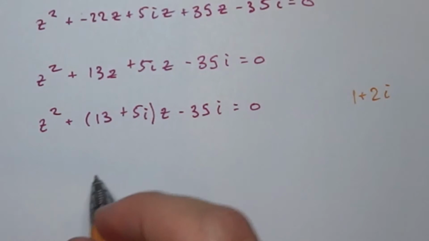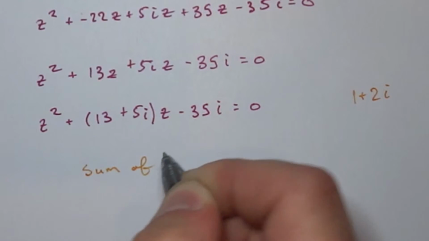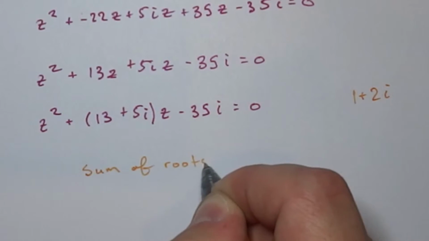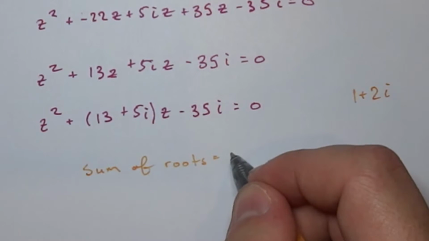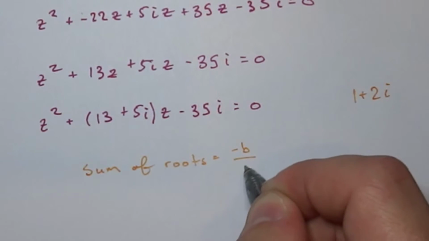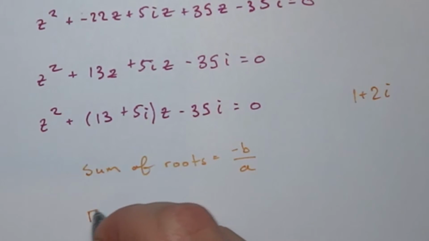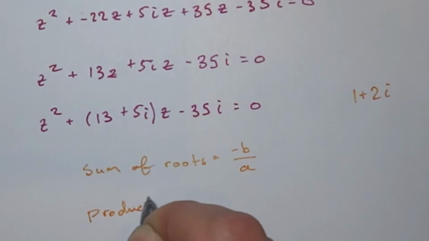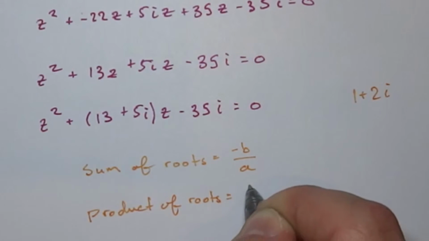The first one says that the sum of the roots equals minus b over a. And the second one says that the product of roots equals c over a.